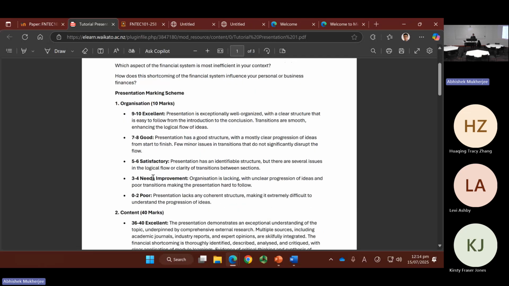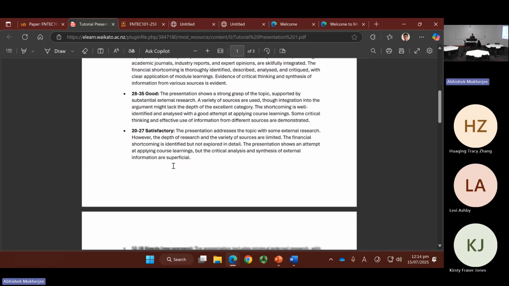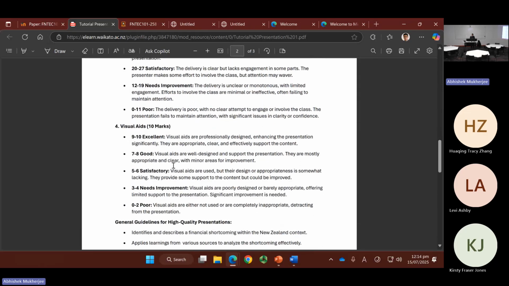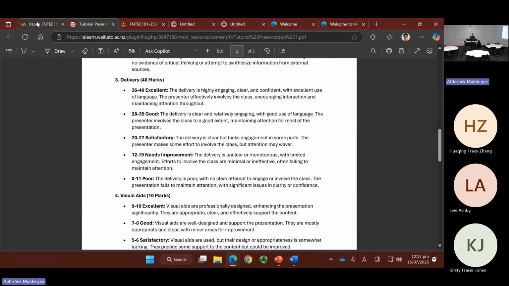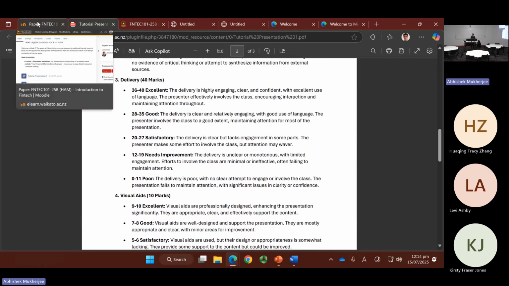I've also given you the marking scheme, so how we are going to mark the organization, content, delivery, visual aids, and so on. For the first presentation, I'm not sure if you have presented before. Maybe this will be the first time you're presenting. We understand, so we're going to give you more guidance. Come up with examples and visuals, and try to prepare your presentations to be more interactive.